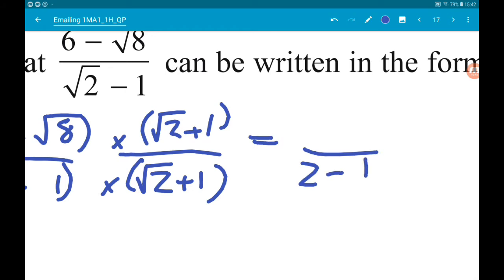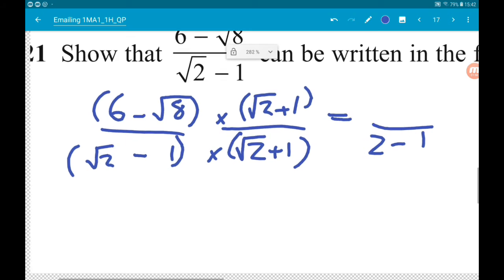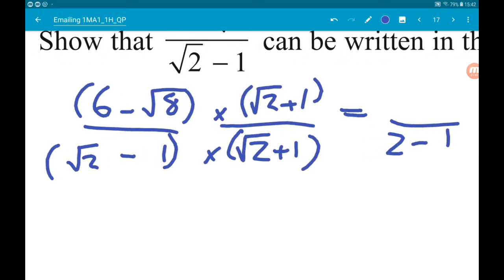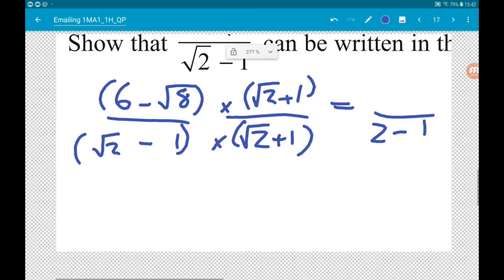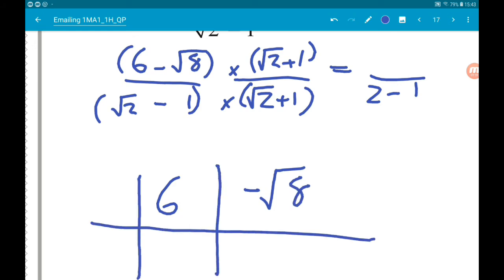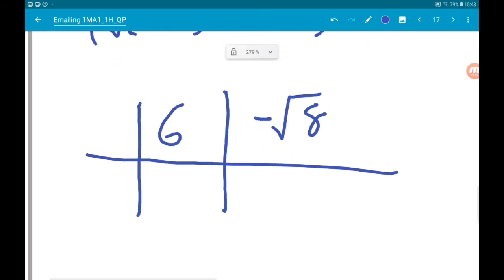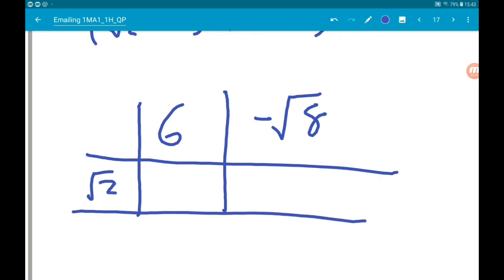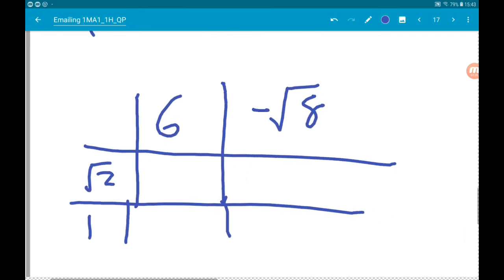Now the top might be a bit trickier, so I would always recommend using a table to do these. So we're doing 6 minus root 8, times root 2 add 1. Okay, so 6 times root 2 is 6 root 2.